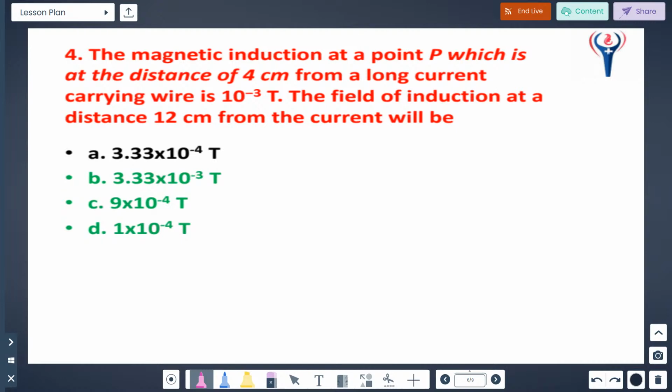First write a given data, that is B1 is given 10 power minus 3 Tesla at a distance 4 centimeter, R1 equal to 4 centimeter. Then at 12 centimeter distance, at R2 equal to 12 centimeter, find B2.